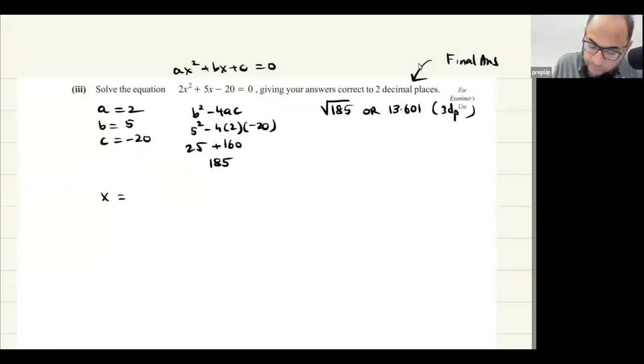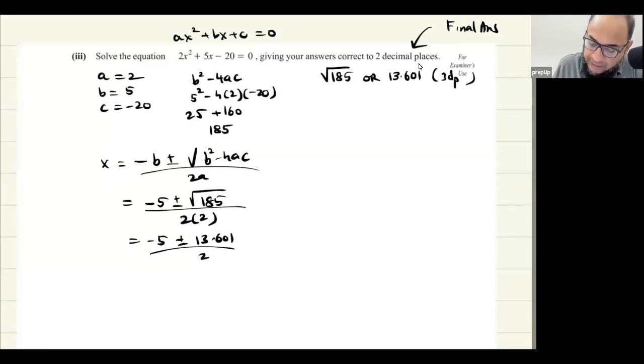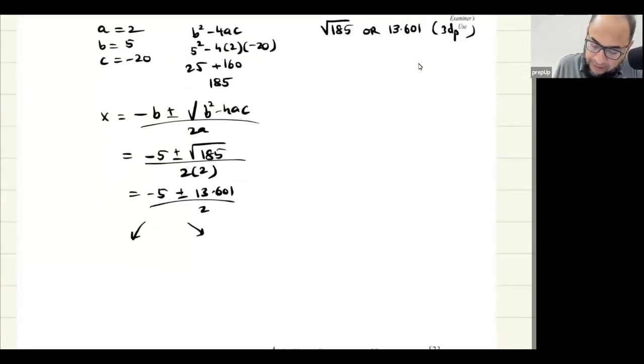x equals minus b plus minus square root of b square minus 4ac over 2a. That is minus 5 plus minus square root of 185 divided by 2 times 2. That is minus 5 plus minus 13.601 divided by 2. So now it's either this or this. Minus 5 minus 13.601 divided by 2.